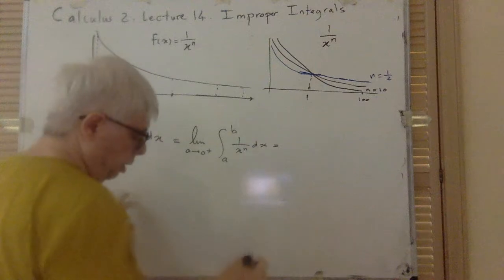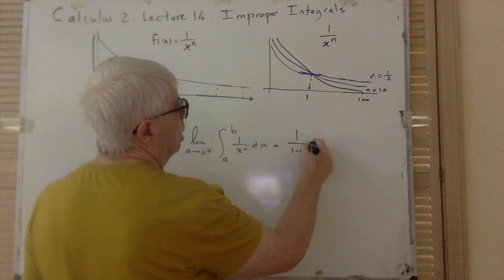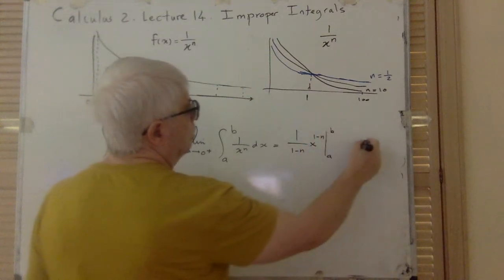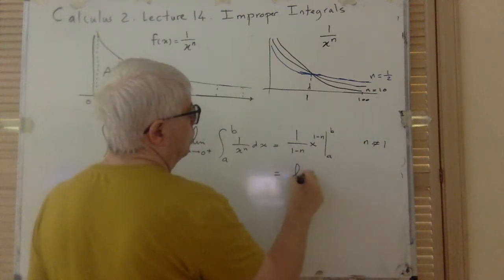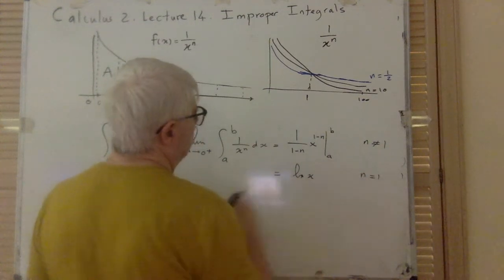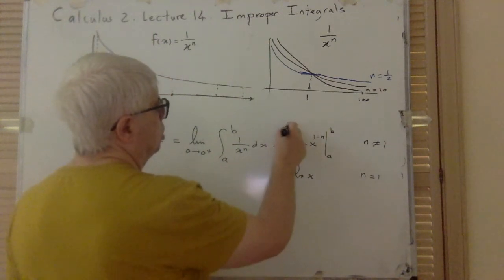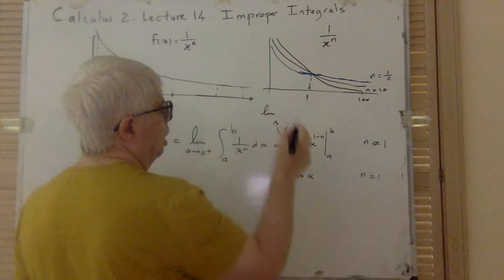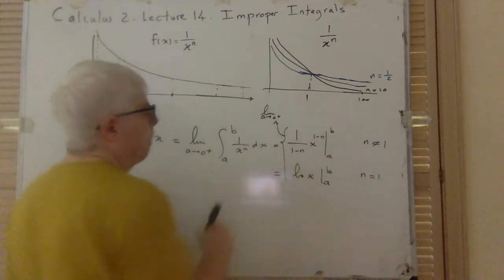So again, that is 1 over (1 minus n) times x to the power 1 minus n from a to b when n is not 1, and it is ln of x again when n is 1. So I'm finding the limit of these two. I forgot the limit, so it is in fact the limit of this, from a to b as a goes to 0 plus. Okay?